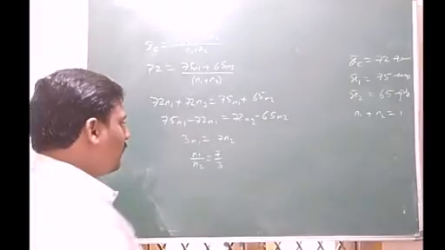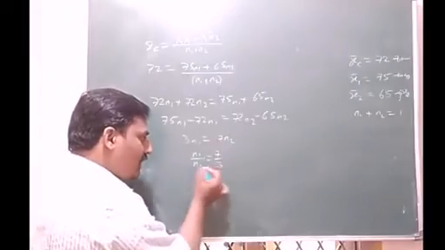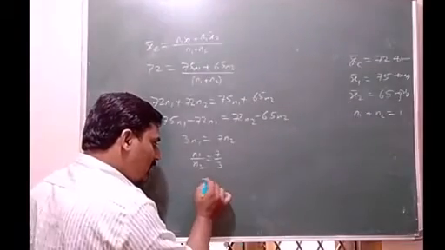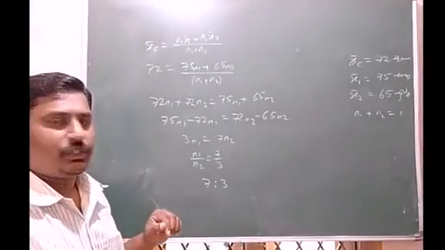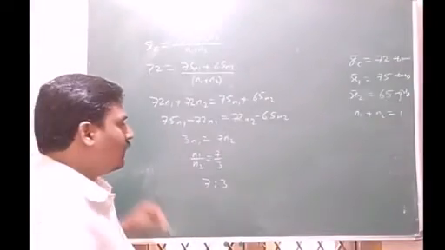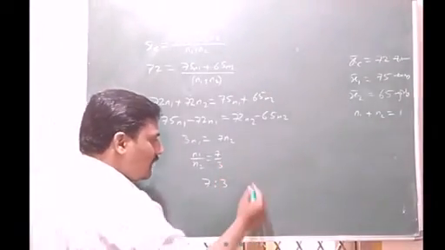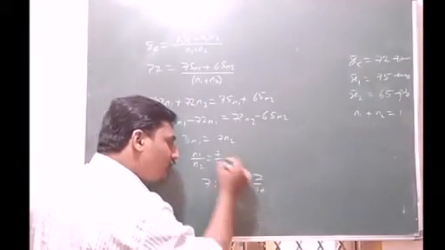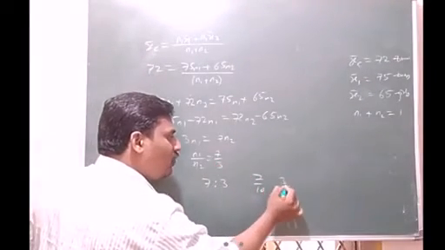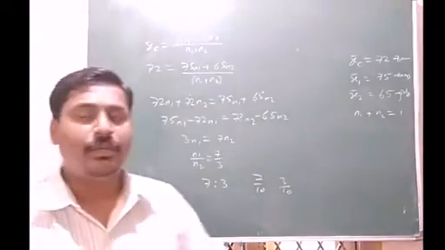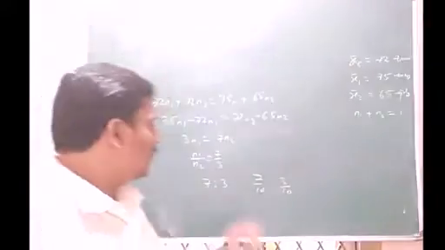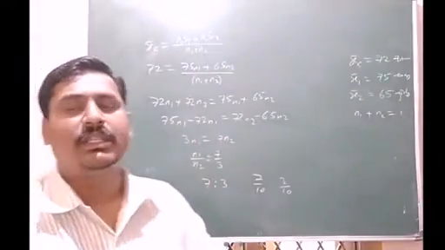So now we can say N1 is 7 and N2 is 3. So that is 7 is to 3. The total is 7 plus 3, which is 10. So we can say 7 out of 10 students are boys and 3 out of 10 students are girls. So the ratio between boys and girls is 7 is to 3.